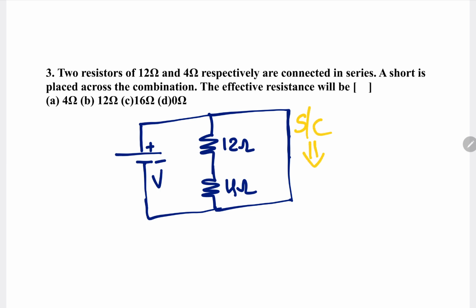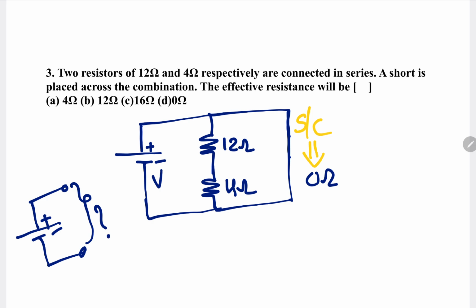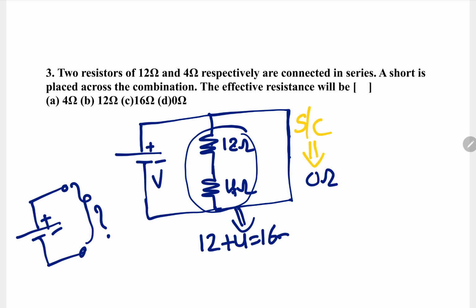Short circuit is nothing but what? How much resistance is it? 0 ohm. Then what is the total resistance? Total resistance means, with this power supply terminals, what resistance is finally going to remain. See, 12 ohm and 4 ohm, these two are connected in series. As R1 and R2 are connected in series, equivalent resistance is R1 plus R2, that is 16 ohm.